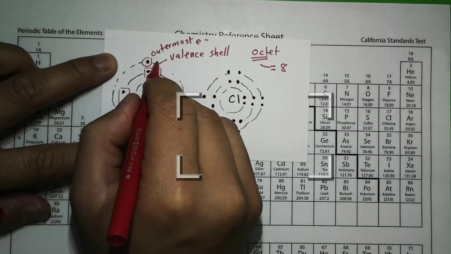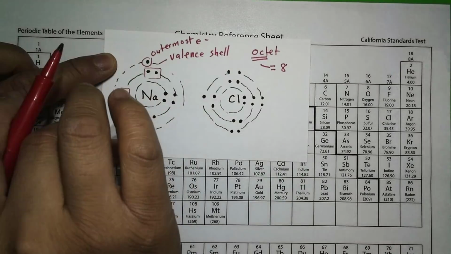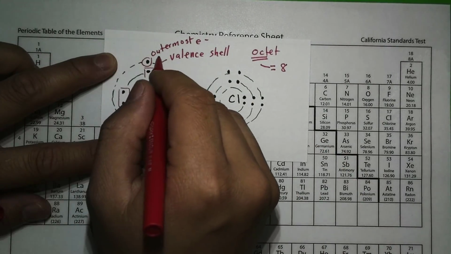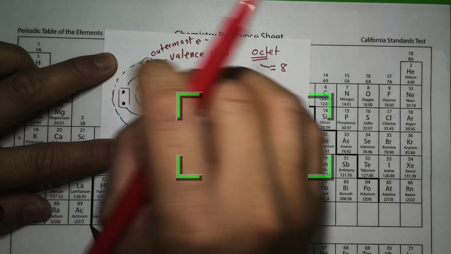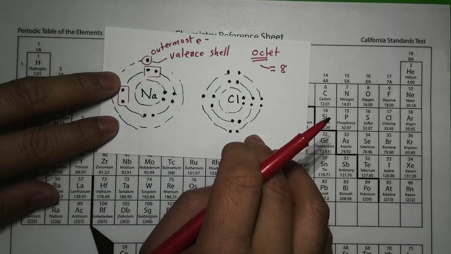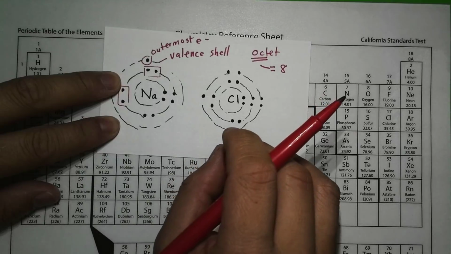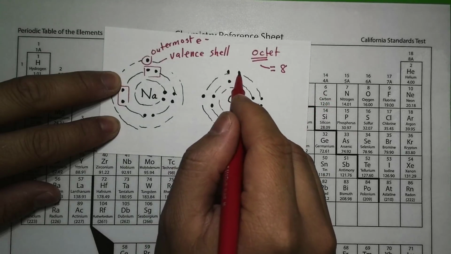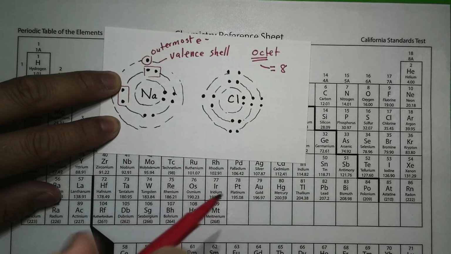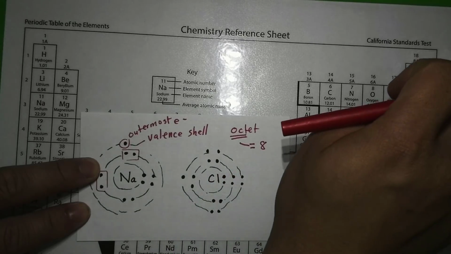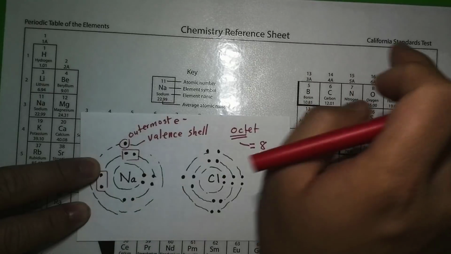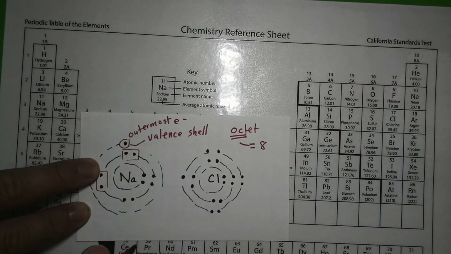So if they have more or less than 8 valence electrons, or outermost electrons, they would be considered unstable. So to be stable, atoms need to find different ways to get a complete outermost shell, which is exactly 8 valence electrons. Except for helium and hydrogen, they only need 2 valence electrons.